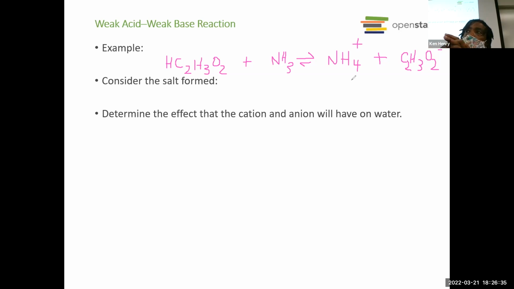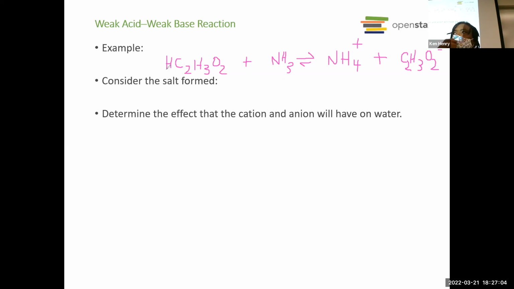Okay. So this is a weak acid and a weak base. So in the case of a weak acid and a weak base, it just depends on who is more primed, right? So in this case, the ammonia gets a little bit more, right? So the ammonia, more primed.